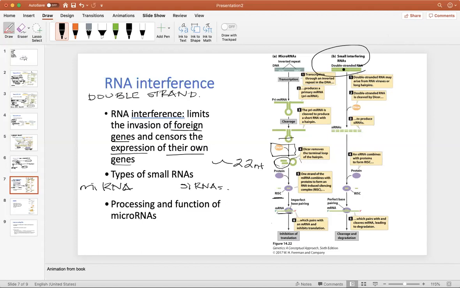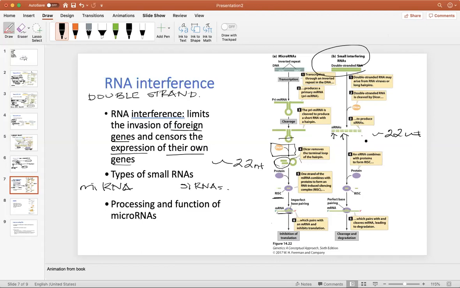So you have this big single RNA duplex, and then Dicer comes along and we don't have a hairpin. Instead, we have this double-stranded RNA that gets chopped up, sliced and diced to produce these individual small interfering RNAs. They are similar in size. They're also somewhere in the ballpark of 22 nucleotides long.